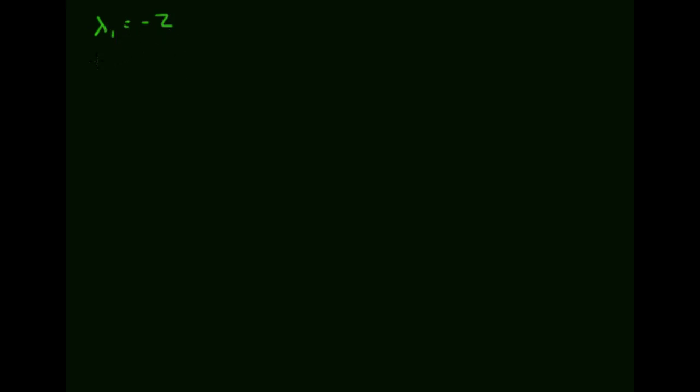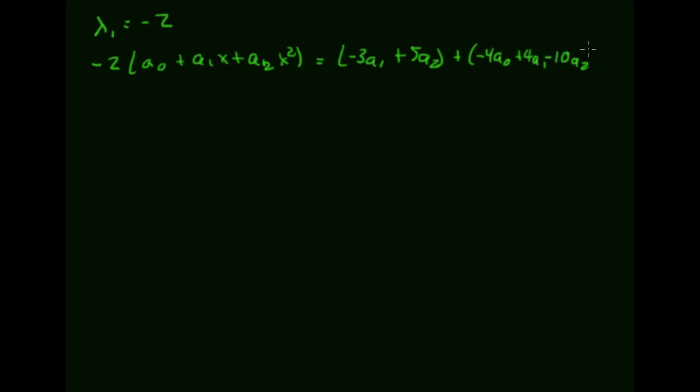All right, if this is an eigenvalue, then I should be able to take negative 2 times the input a0 plus a1x plus a2x squared and get the output negative 3a1 plus 5a2 plus negative 4a0 plus 4a1 minus 10a2 x plus 4a2x squared. Okay, so this can be broken into 3 equations.